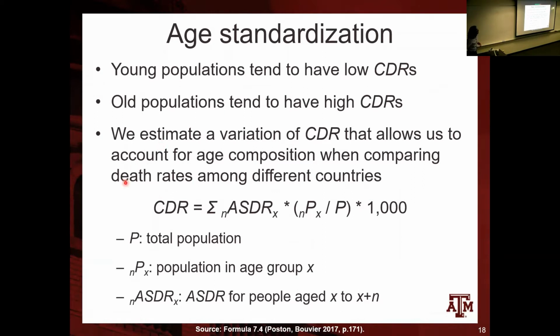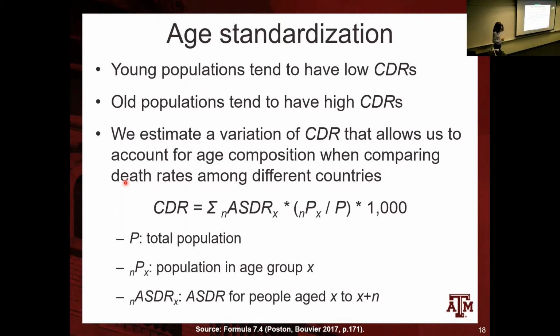So what age standardization does is that we estimate a variation of the crude death rate, a standardized crude death rate, that allows us to account for the age composition of these countries, and then we can compare the death rates among different countries. So then we can compare the crude death rates of different countries, even with different age composition, only if we do the exercise of age standardization.